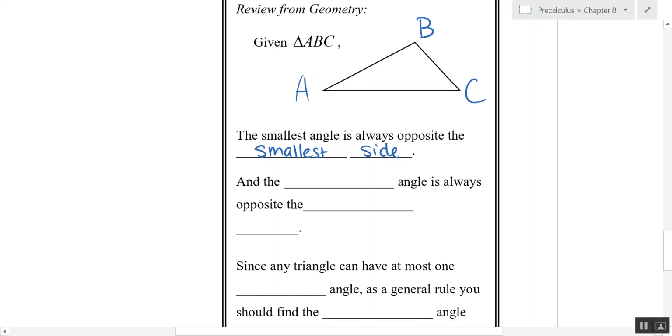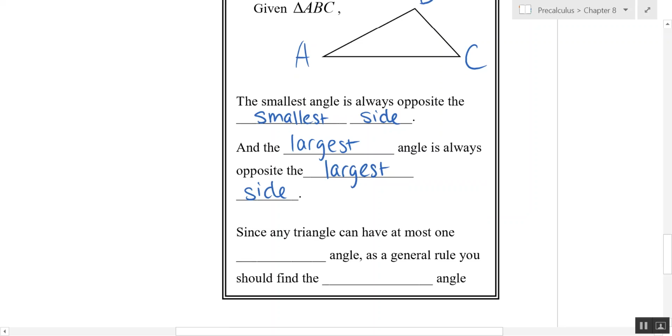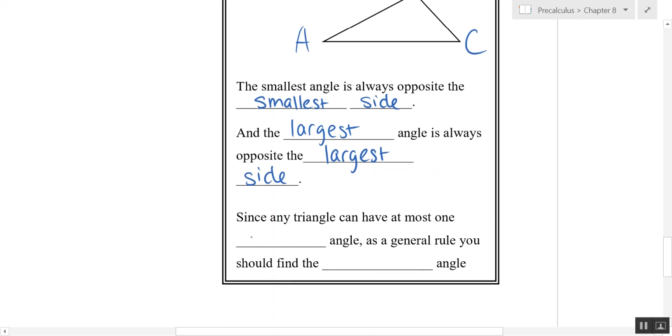And the largest angle is always opposite the largest side. So since any triangle can have at most one obtuse angle, it's going to benefit us, and a general rule you should go by here, you should always find the largest angle first.